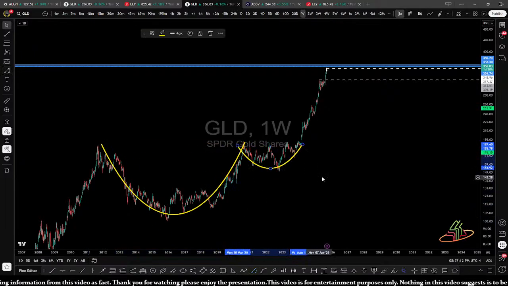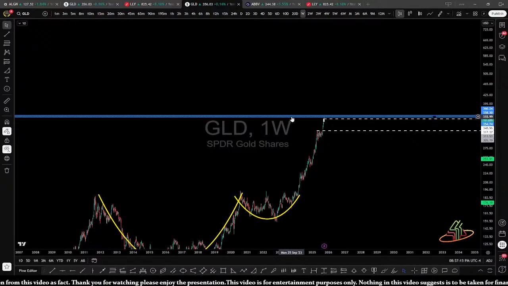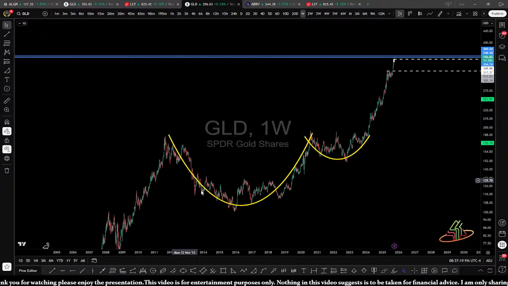So there you go, you've got a cup and handle on gold. Hence why gold is taking off so crazy, because this is not a cup and handle from a week ago. It is a cup and handle from years ago, and it was years in the making.